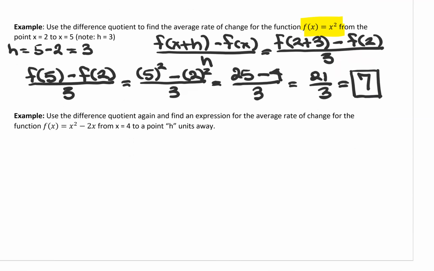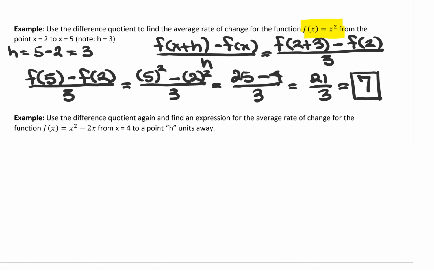Okay, let's try it again, but a little different. We're going to have a more complicated function. We're going to take x squared minus 2x, and we're going to find the average rate of change from the point x is 4 to a point h units away. Now they're not going to tell us what h is. So for h, we don't plug a number in, we actually just use h.